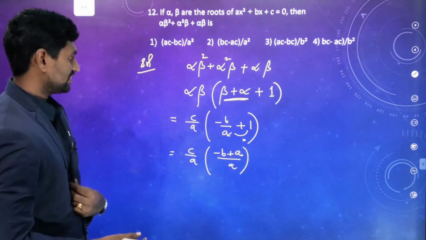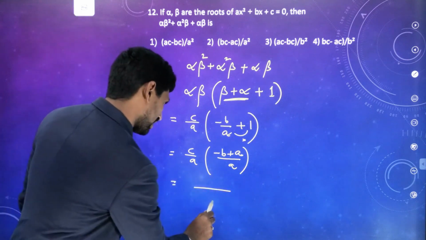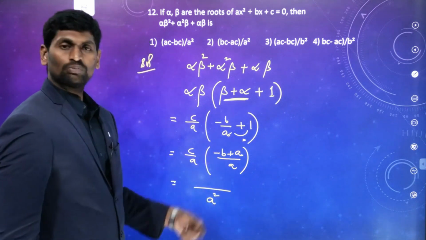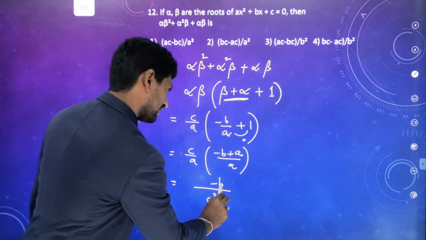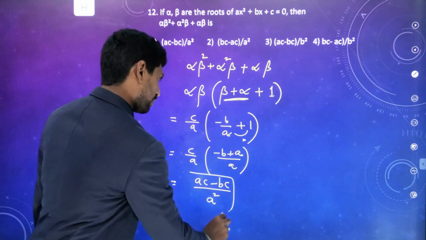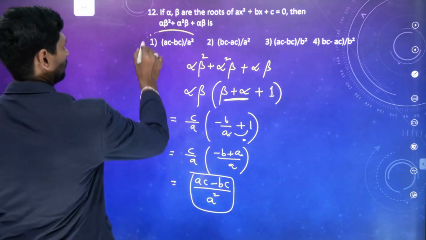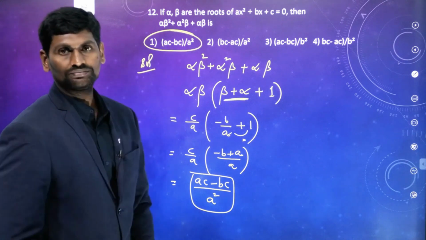Now multiply, multiplying both the denominators, a into a, a square; c into minus b, minus bc; c into a, ca or ac. So overall the answer is (ac minus bc) by a square. Option 1.